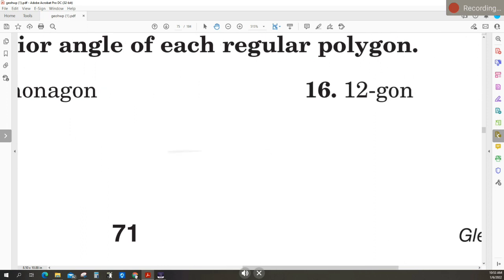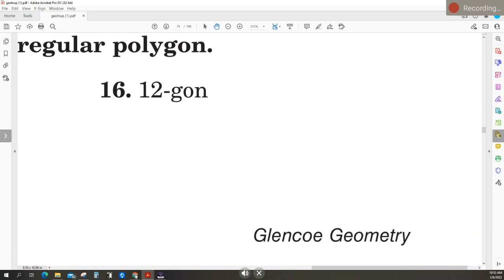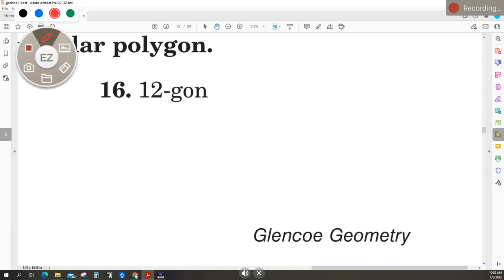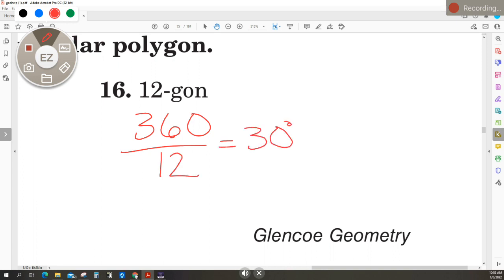What about on a 12-gon? By the way, what do we actually call a 12-gon? What's its name? Dodeca. So on a 12-gon, what do they all add up to? 360. Now remember, this is only if we're talking about exterior angles, right? And we divide by 12, what do we get? So each one is 30 degrees.